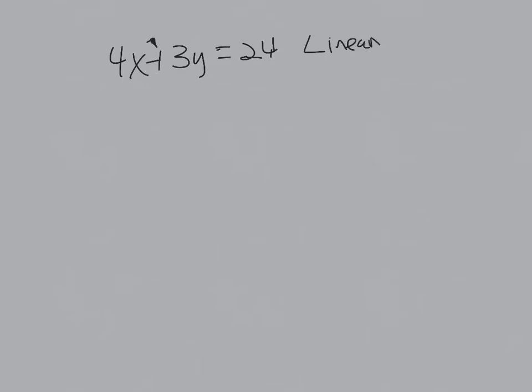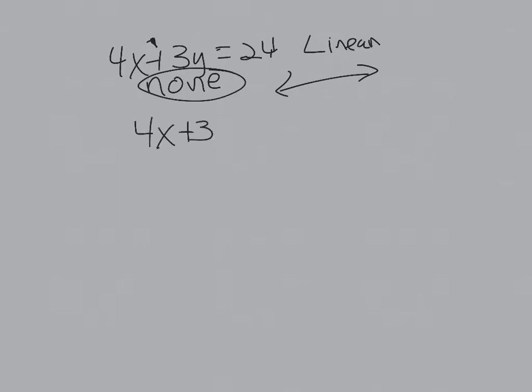So minimum and maximum is none. We don't have either one. It's a straight line when I graph it. So it doesn't have a top or a bottom. Okay. Look at number 14. 4x plus 3. So greatest exponent's 1. So again, linear. And there's no maximum or minimum.